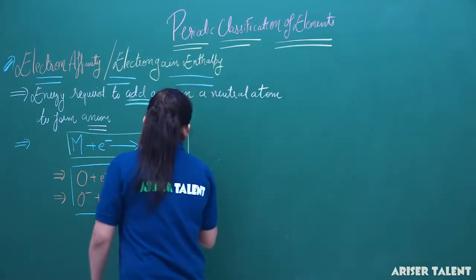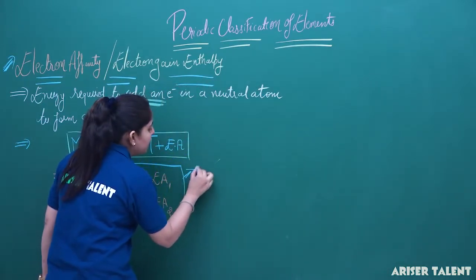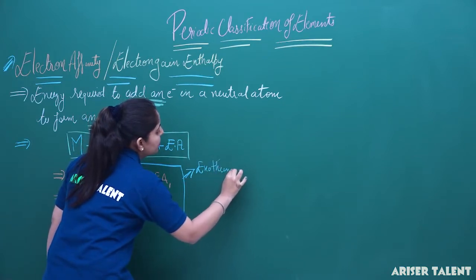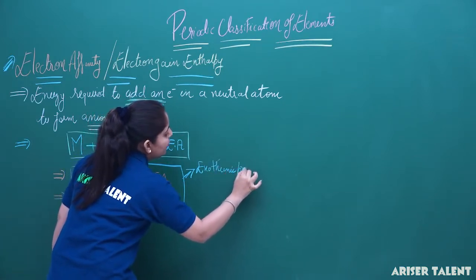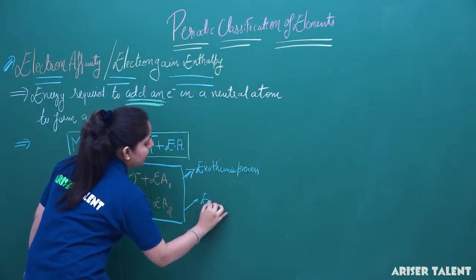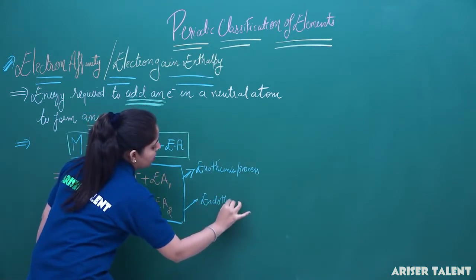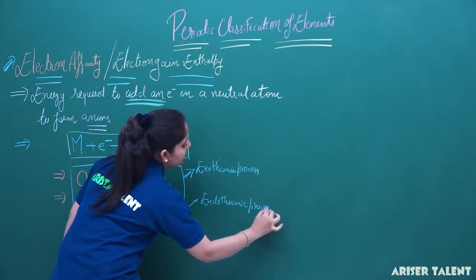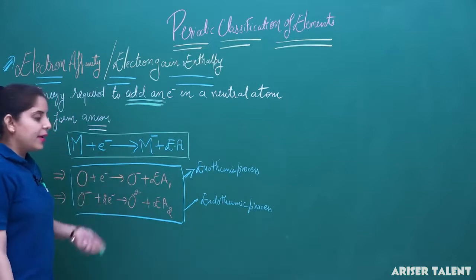You have usually heard about the terms exothermic and endothermic. Exothermic is a process in which heat is evolved, and endothermic is a process in which heat is usually taken. This is an exothermic process and this is an endothermic process or reaction.